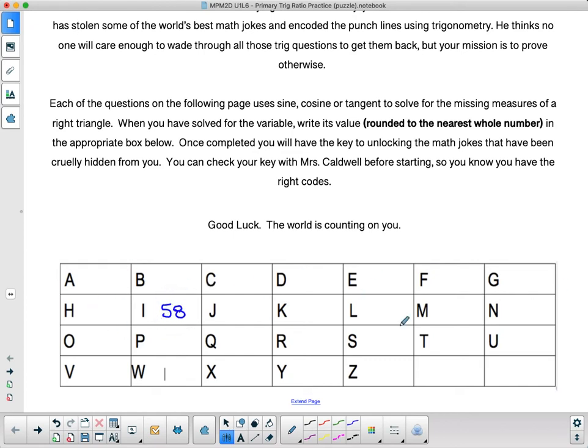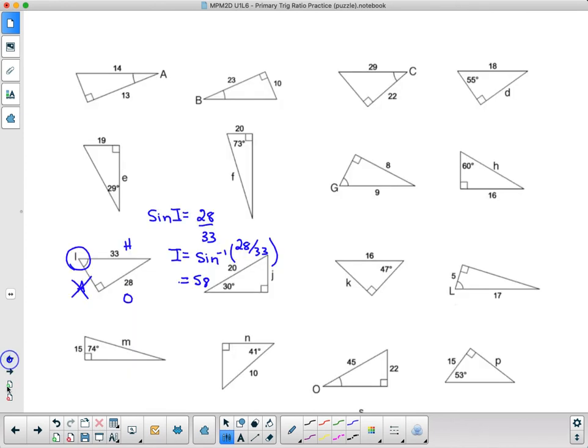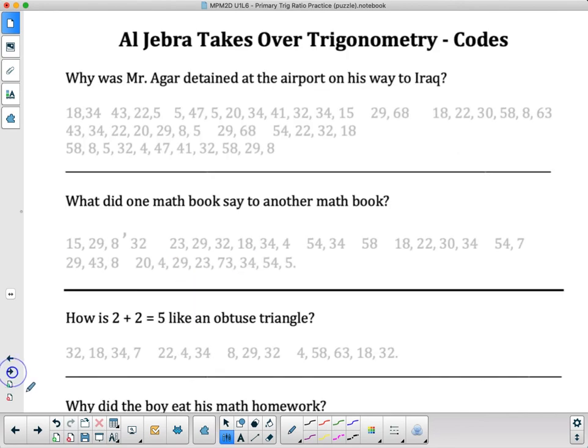Now, once you get all of these codes, you can come up to me and I will check it to make sure that you have all of these numbers correct before you start to decode your puzzle. But then you have this puzzle page here. Any place you see the 58, you're going to replace it with an I. I've made them a light gray for you so that hopefully you can just write over top of it.